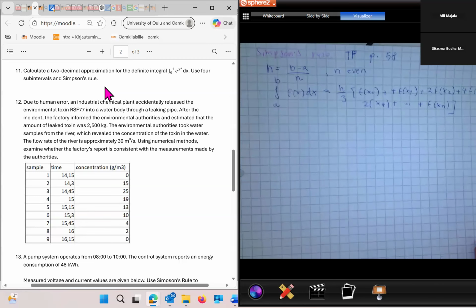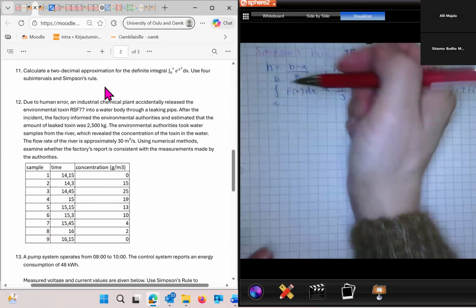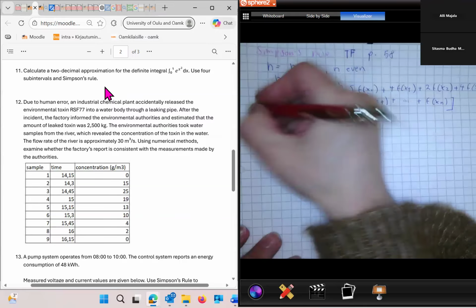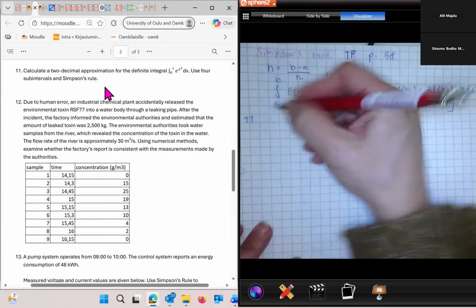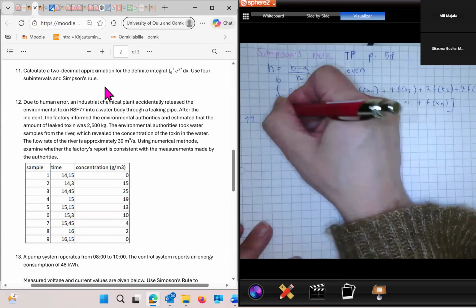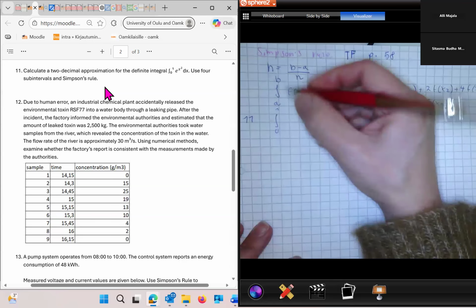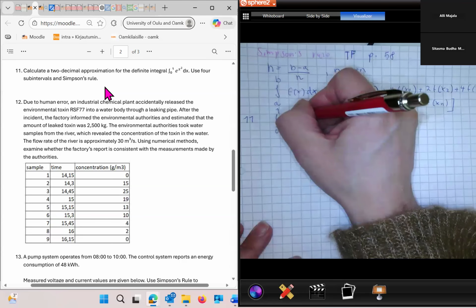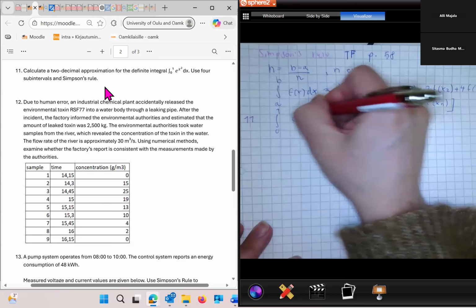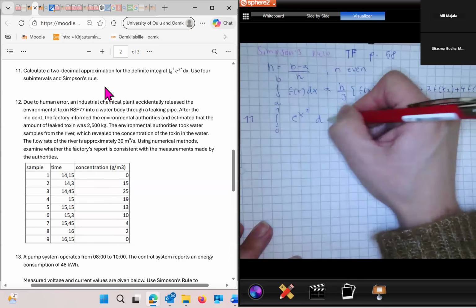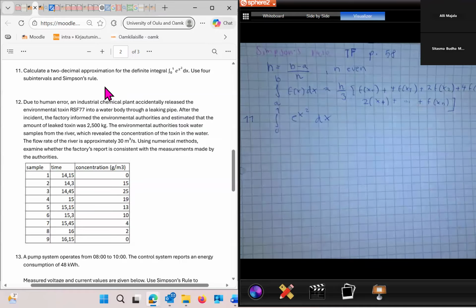And my function is this. I want to calculate the definite integral of something like this that I'm not able to integrate with the integration rules. Most probably I would like to do this with the Excel as well now.